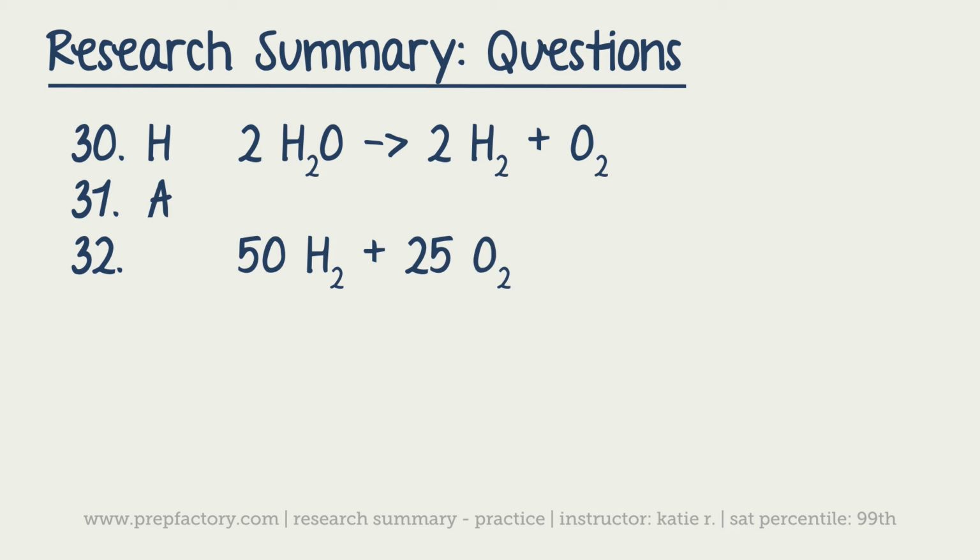Since we're not adding 25, we're adding 50, our answer should be 50 minus 25, which is 25. If we look at our answer choices, J is the only one that gives us 25 milliliters. So that's our right answer.